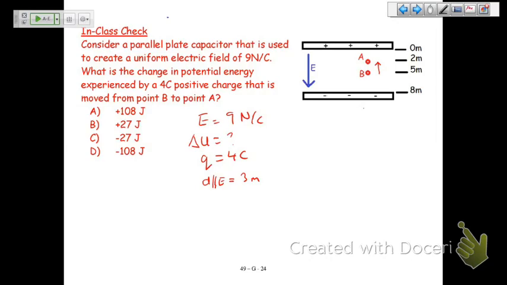And I say, well, my delta U is equal to F delta X when they're parallel to each other. And they are parallel to each other, so I'll simply take it like this.